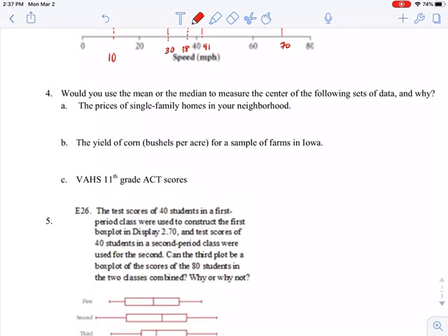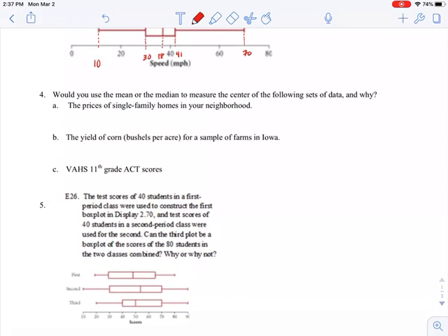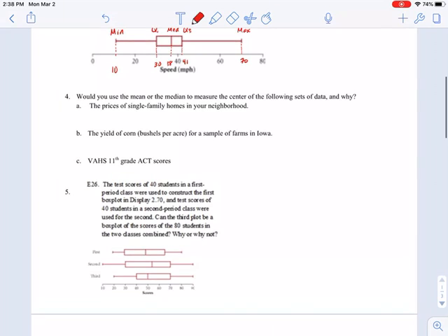Okay, question 4. Would you use the mean or the median to measure the center of the following sets of data, and why? The prices of single-family homes in your neighborhood. Okay, so to answer a question like this, if the data is skewed, we're going to use the median.